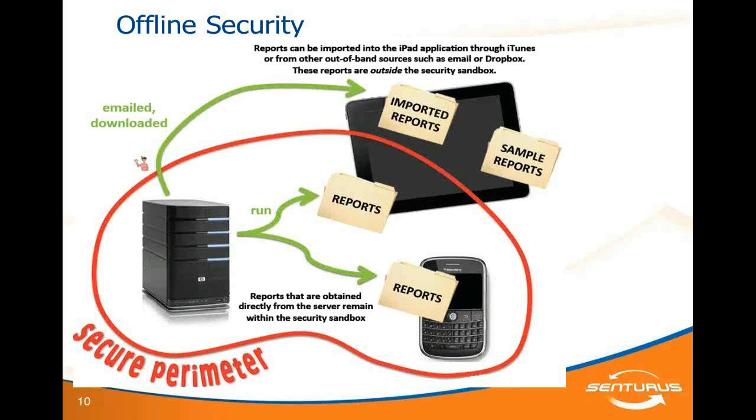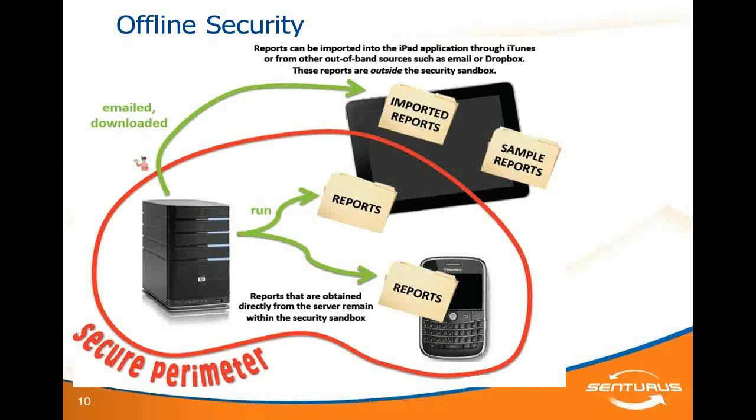And you see that the iPad is shown half in and half out. While the iPad is in the secure perimeter, everything is maintained from a policy and security standpoint on your server. So your reports can be consumed through the iPad, like we talked about earlier.